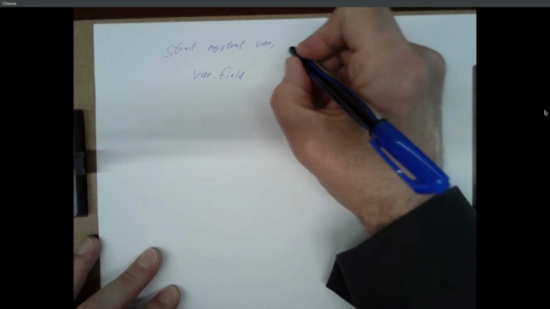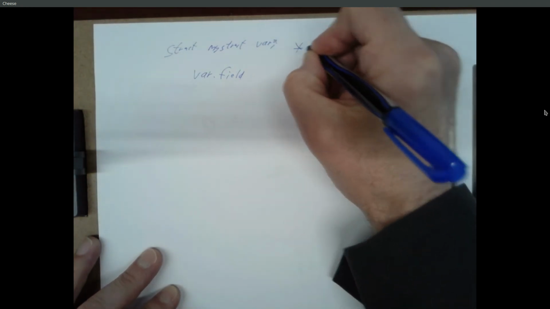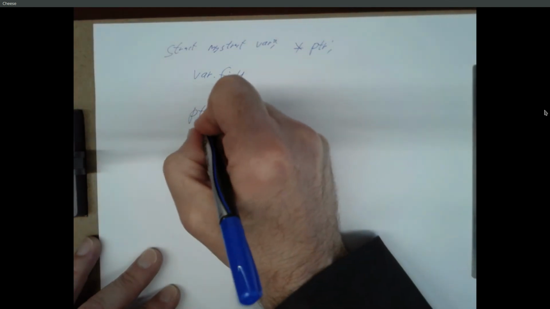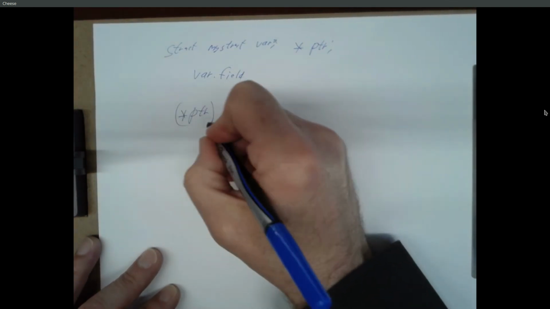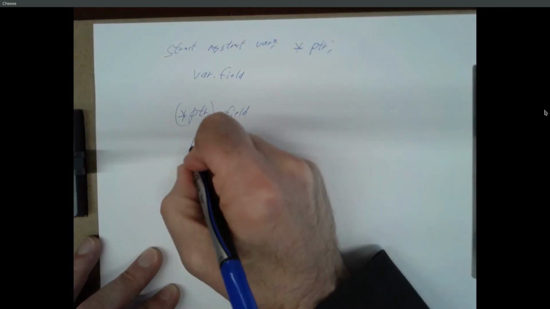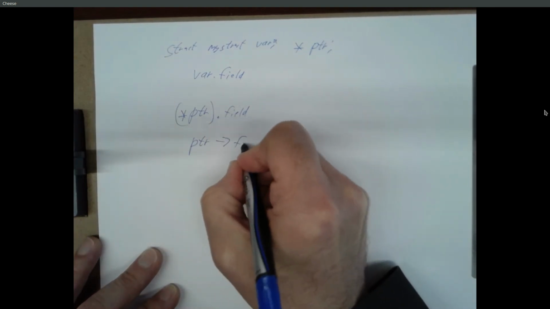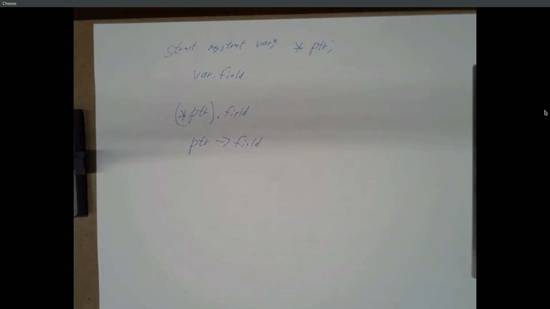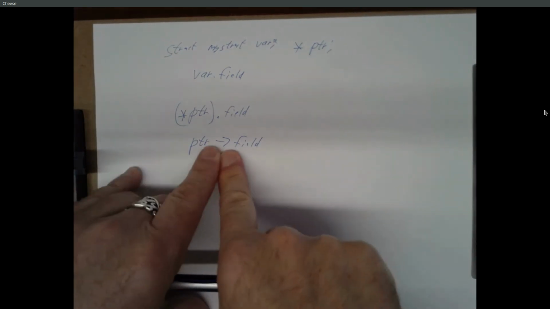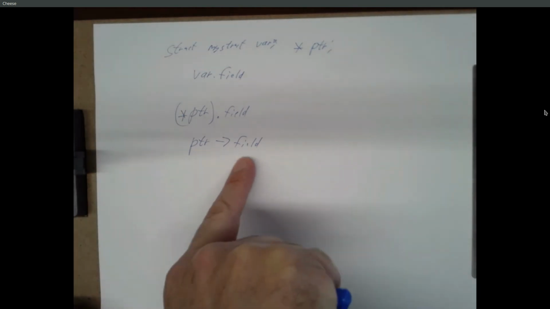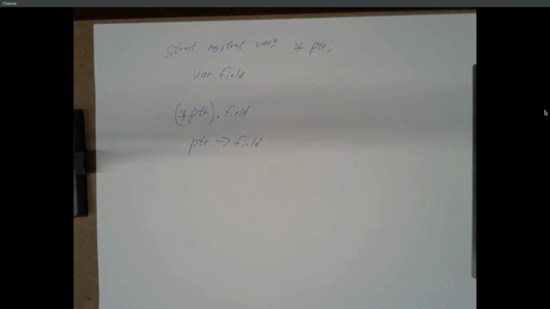If you have a pointer to a structure, then it's the thing pointed to by the pointer dot field, and that's what we write as this. So you can think of the arrow as dereferencing a pointer. So whatever it points to, give me the field of that thing.